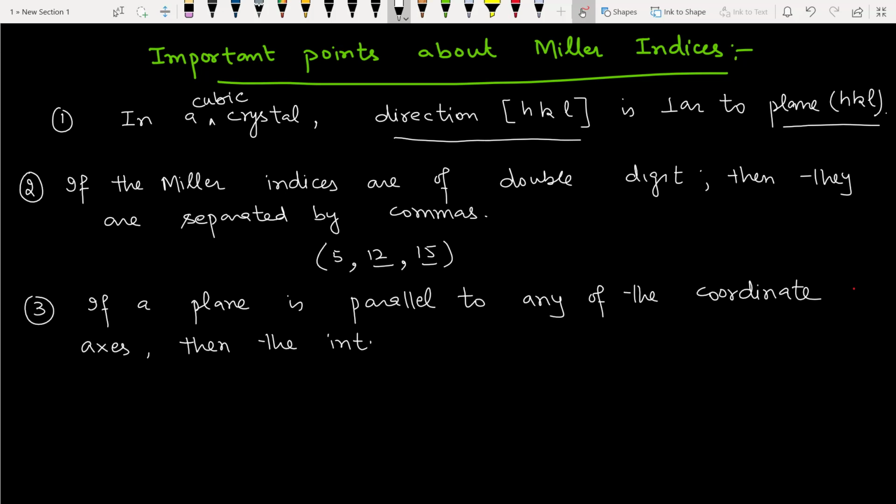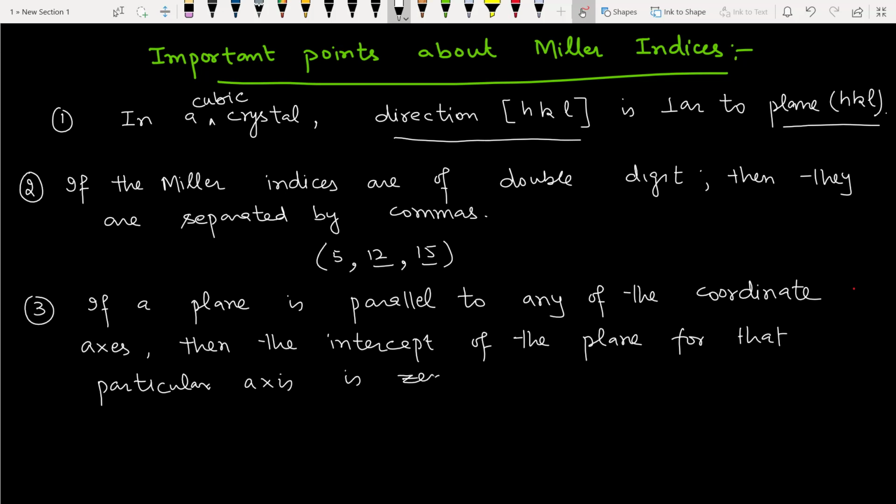The intercept of the plane for that particular axis is infinity, and when we take the reciprocal of infinity, it will be 0. So the Miller index for that particular axis will be 0.